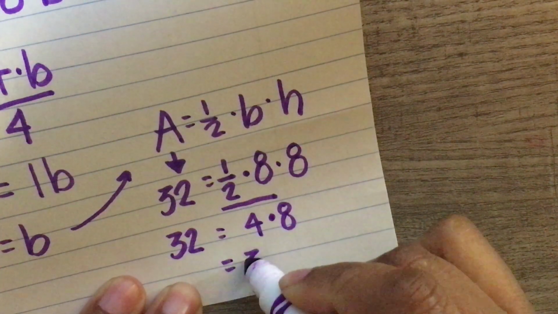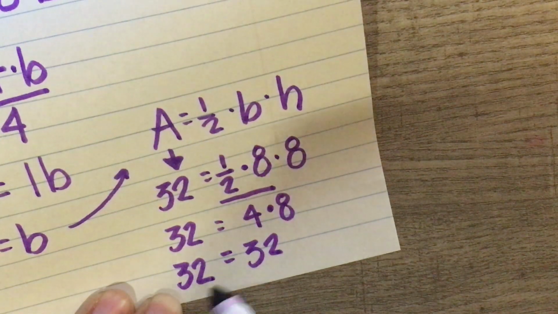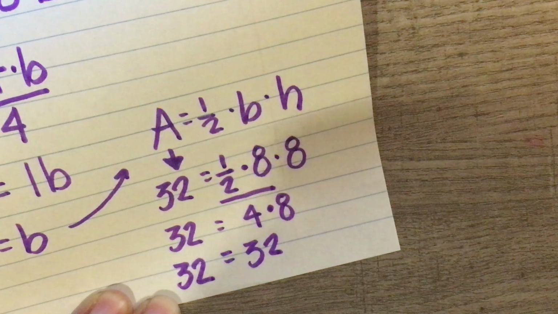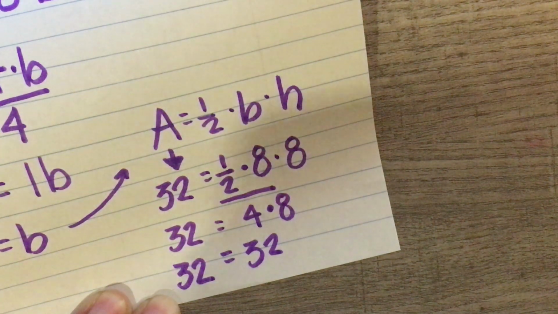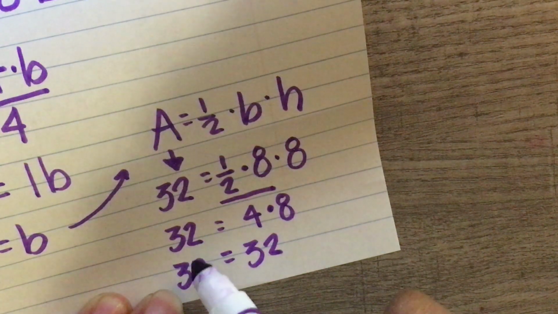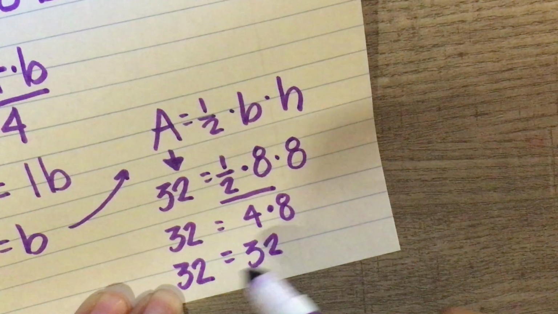It's 32. So 32 is equal to 32. Since those are equal, I know that my answer of 8 as the base is correct. Because when I plugged it into the formula, I got that the area is equal to 1/2 times base times height. They're equal.